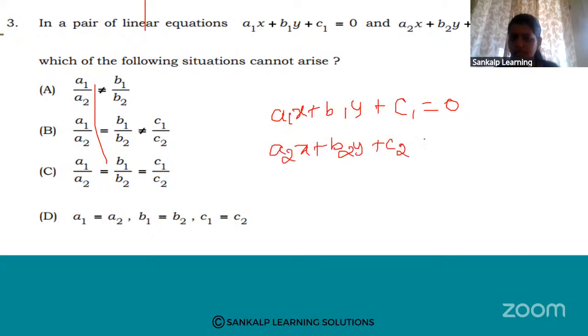So this is the general form of linear equations in two variables. Here we are considering a pair of linear equations with two variables.